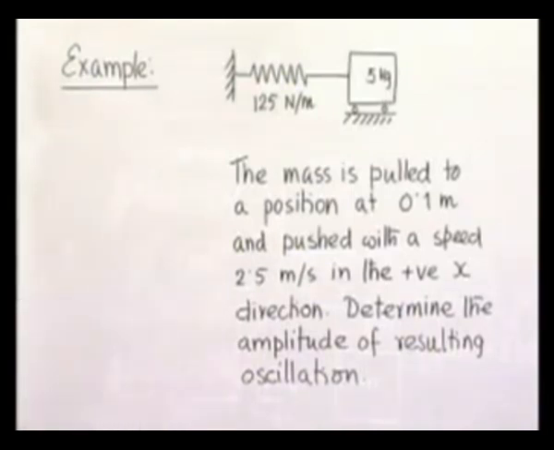So it's a simple problem. There is a mass 5 kg connected to a spring which is again connected to a fixed wall. Stiffness is 125 Newton per meter.